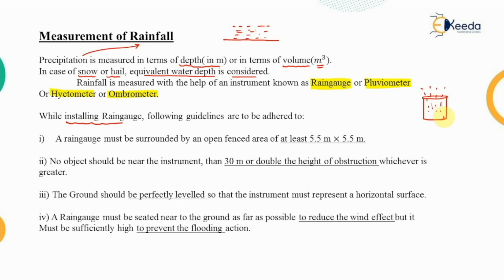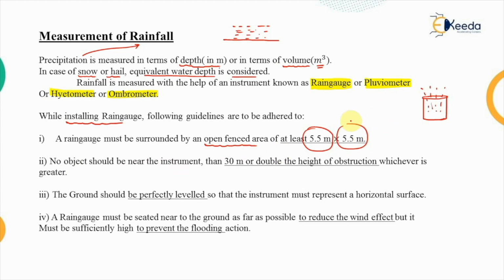When we are collecting water in this bucket, the rain gauge must be surrounded by an open fenced area of at least 5.5 meters on both sides. That means the area encompassing the rain gauge should be a square with a side of 5.5 meters. The second guideline is that no object should be near the instrument.